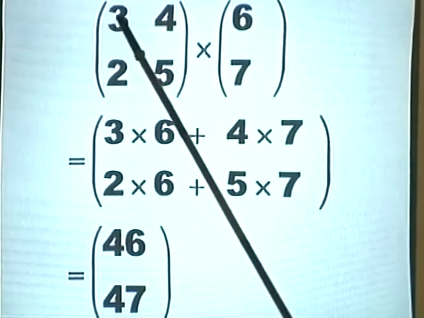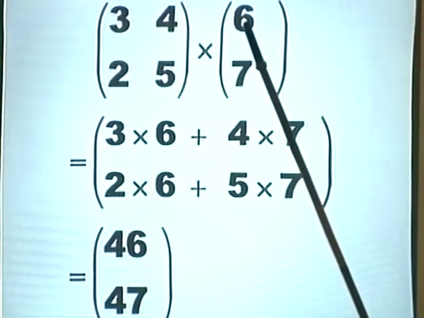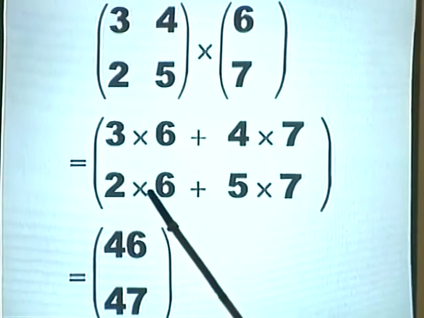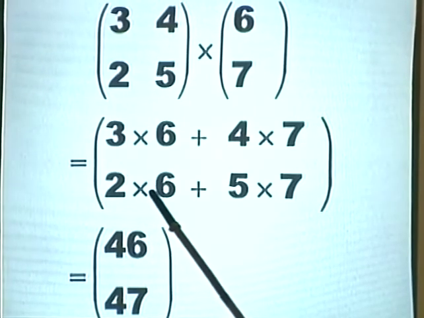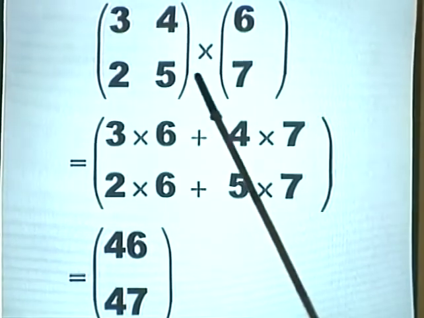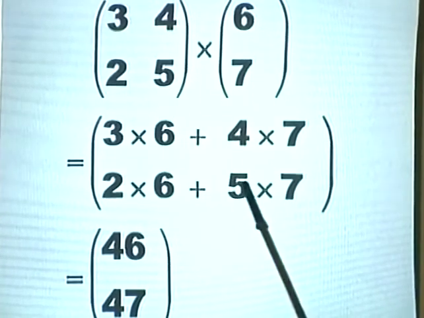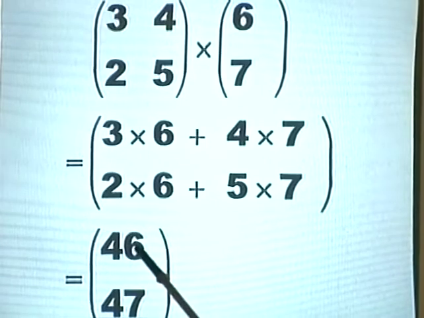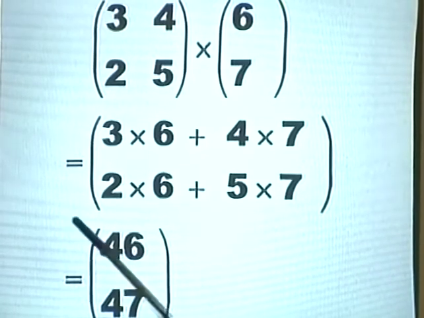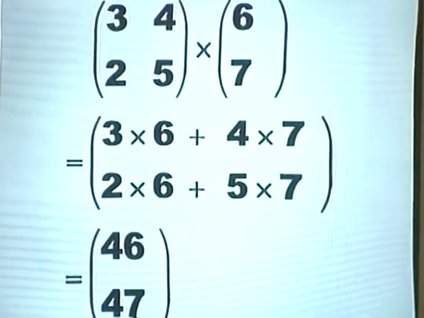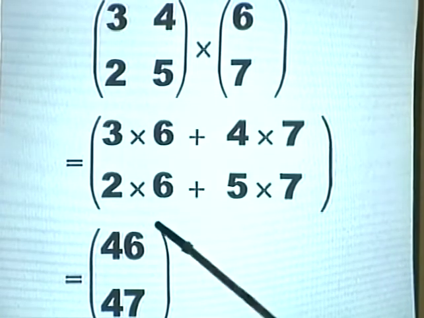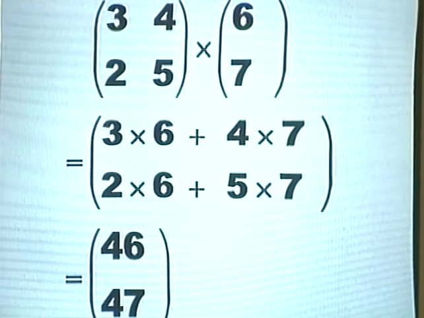Take note. So we get 18 plus 28 will give us 46, and 12 plus 35 will give 47. You end up with one column matrix.